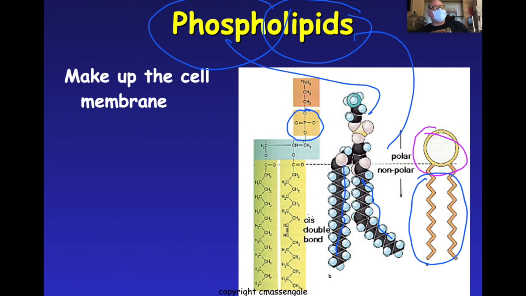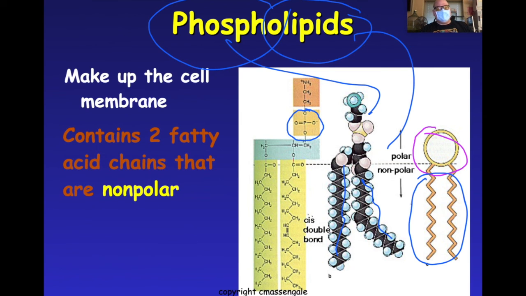Now, if I take a fat, like oils, let's say I take some vegetable oil and dump it into water. Does the oil mix up in the water? No. I see somebody shaking their head, no. So the fatty side doesn't like water. Okay, so here's what we're going to look at. Those two fatty acids are what we call non-polar.